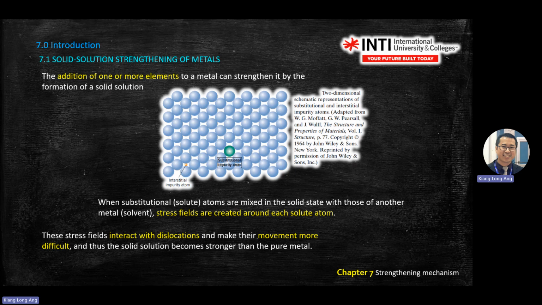Same with here, you press from the left, the orange color area, also very hard to move. So that is the principle, the reason how we make our metal stronger. There are two methods: substitutional or interstitial impurity atoms. Substitutional follows the Hume-Rothery law, and for interstitial we need to calculate the space between the holes here.